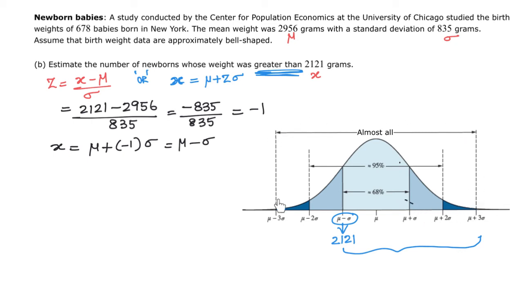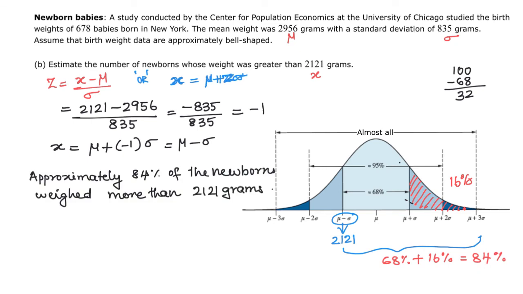Since the total is 100%, the sum of these areas will be 100 minus 68, that is 32. So this area will be 32 divided by 2, because the sum of these two is 32. So this will be half of 32, that is 16%. So the total area will be 68 plus 16, that is 84%.